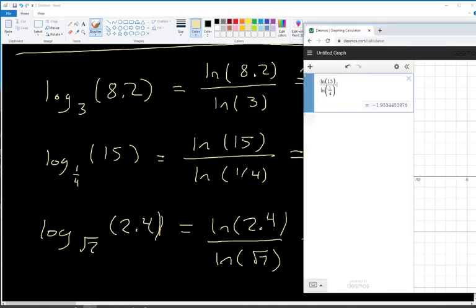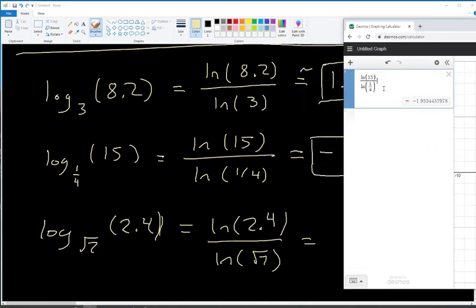So we go and we just type it into our calculator. Say, what is natural log of 2.4 divided by natural log of square root of 7? And that'll be 0.8998.